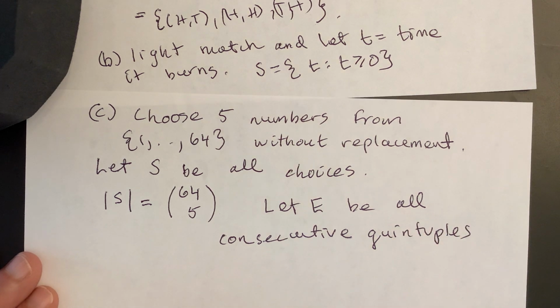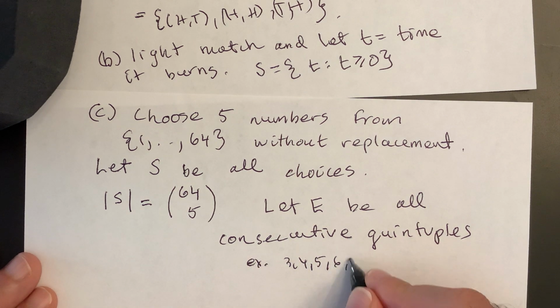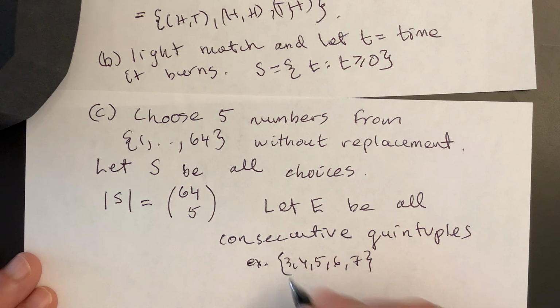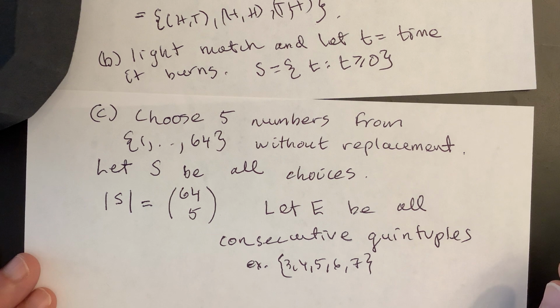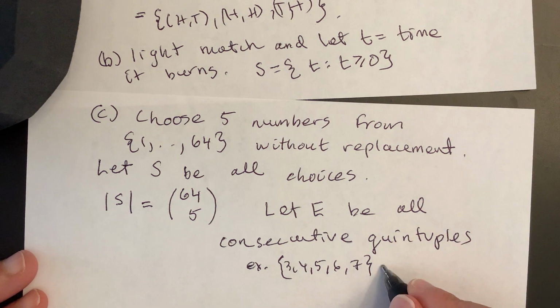An example would be 3, 4, 5, 6, 7. So that's an event, right? Because that's contained in the other set. So then E is a subset. But you see, I don't want to enumerate E here. I just want to use English to specify it. So E is an event. Maybe one more.